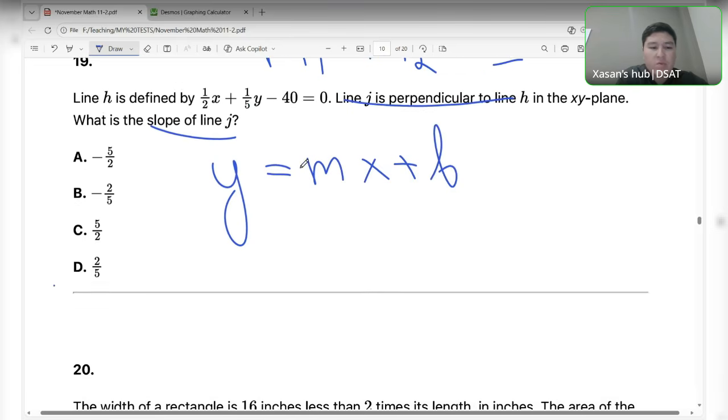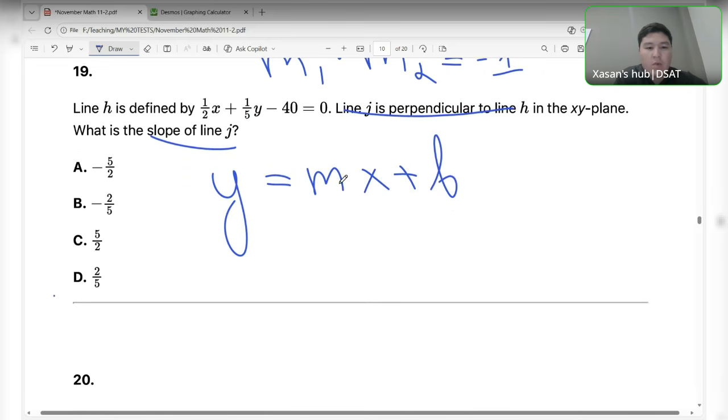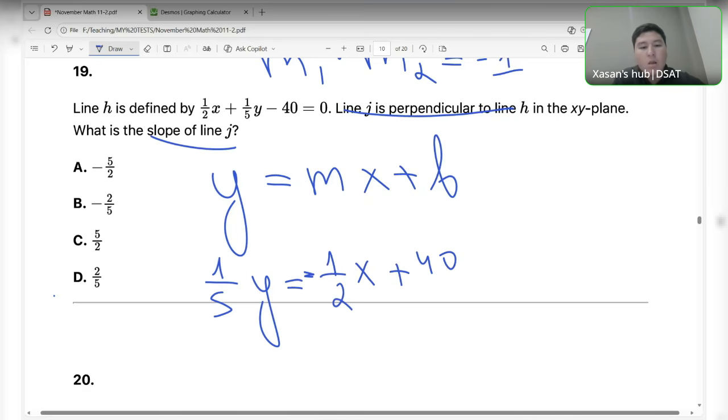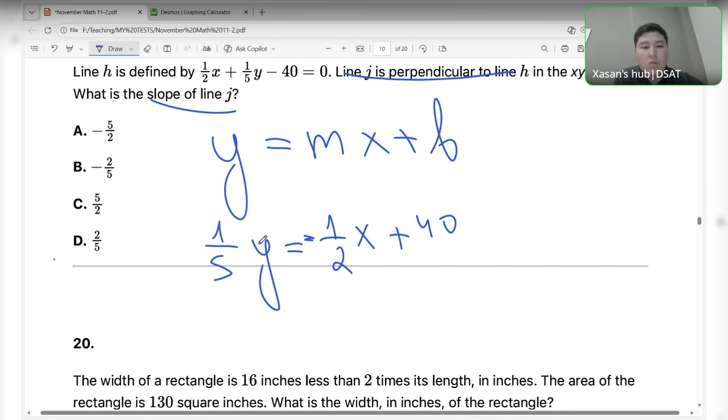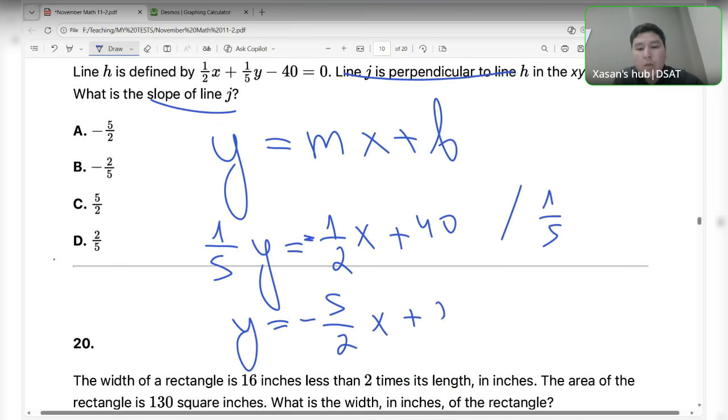So let's see this version first. We're going to have 1/5 y equals minus 1/2 x plus 40. To find the slope, you must multiply the equation by 5, so y equals negative 5 over 2 x plus 200.